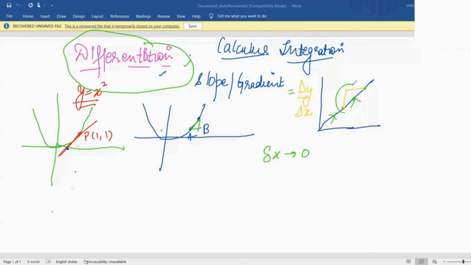Will it differ from these 2 points? No, right? So you can choose any 2 points on the curve which are very, very close to each other, so that the change in x is almost 0. That means rise over run is almost 0.